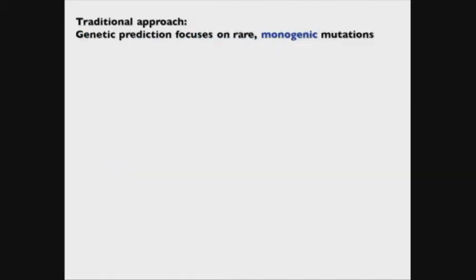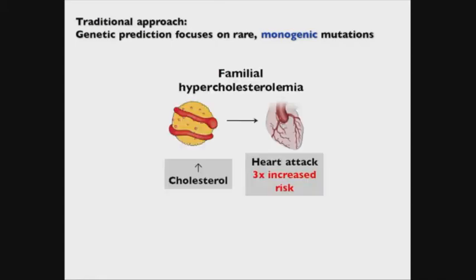If you think about the traditional approach to prediction and thinking about genetic factors for disease, we often focus on rare monogenic mutations in terms of genetic prediction. And if you think about rare monogenic mutations and risk for heart attack, the main contributor is familial hypercholesterolemia.